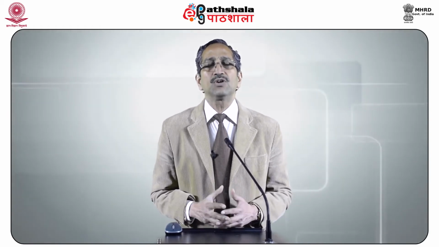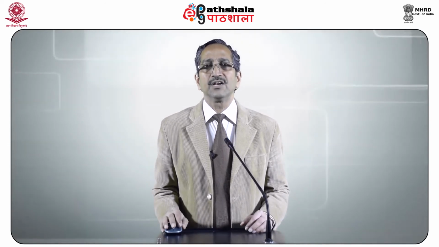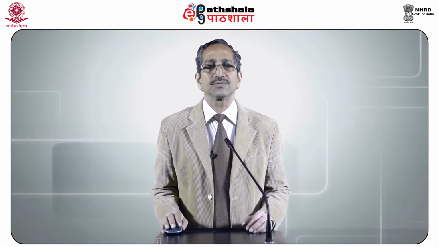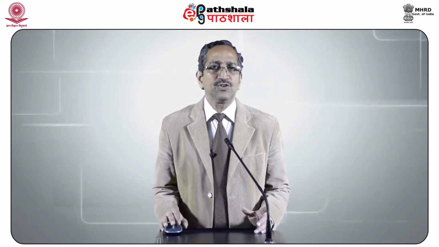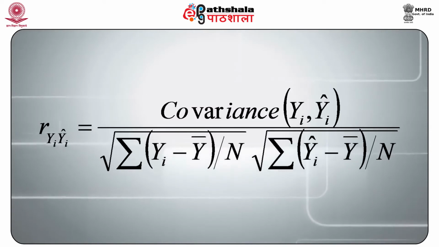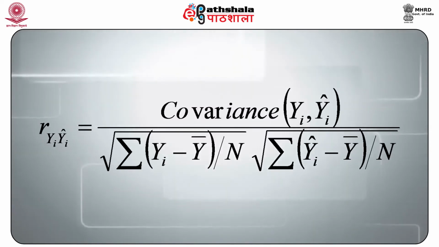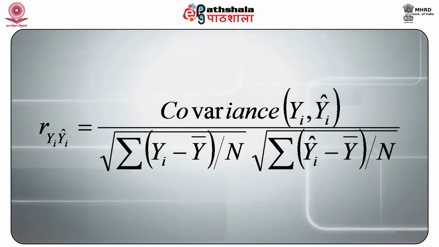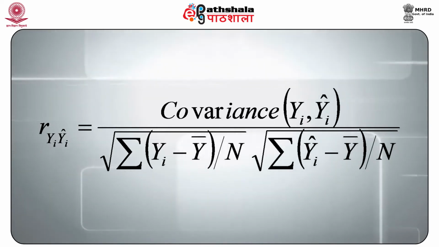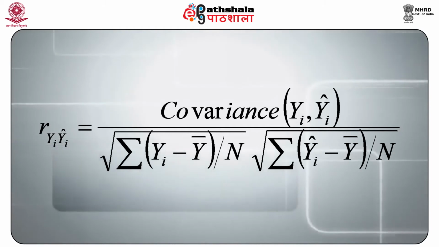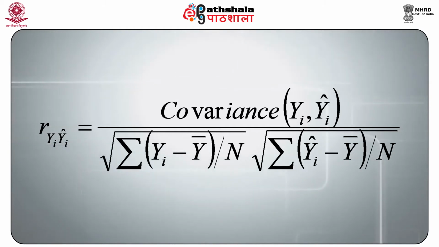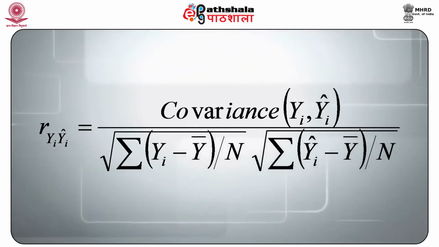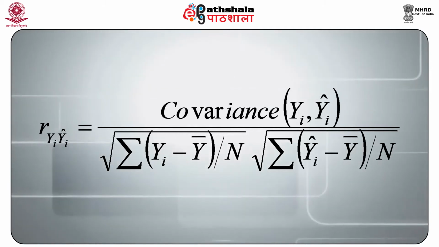The coefficient of correlation between any two variables is equal to the ratio of their covariance divided by their standard deviations, which is a standard formula. We can write R between y and y hat as equal to the covariance between yi and yi hat divided by the square root of summation yi minus y bar square divided by n, into the square root of summation yi hat minus y bar square divided by n.